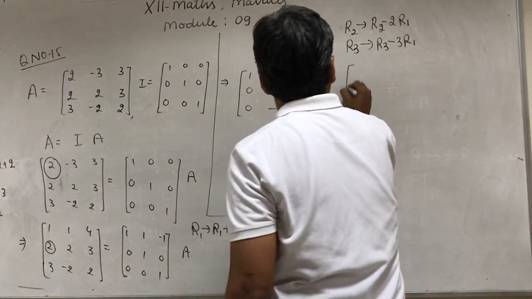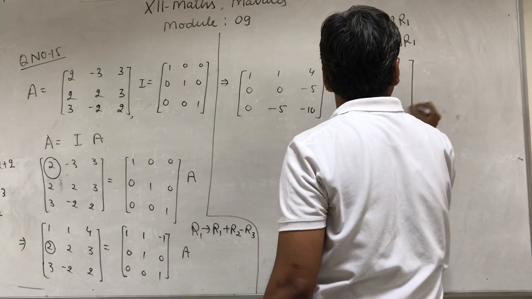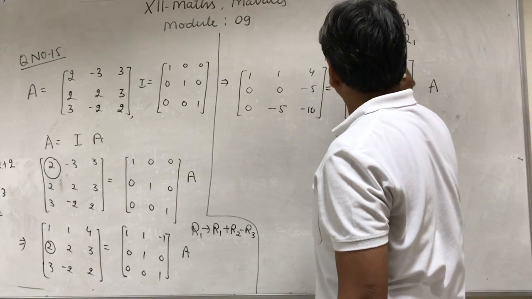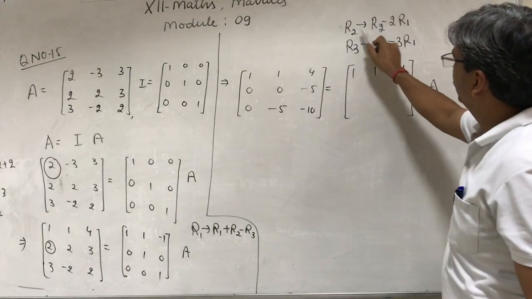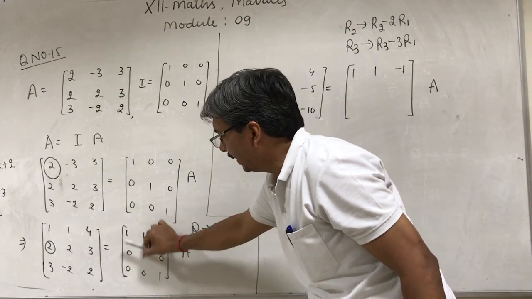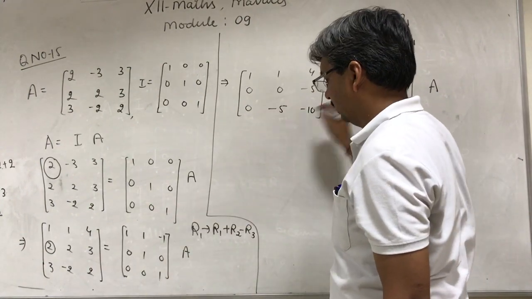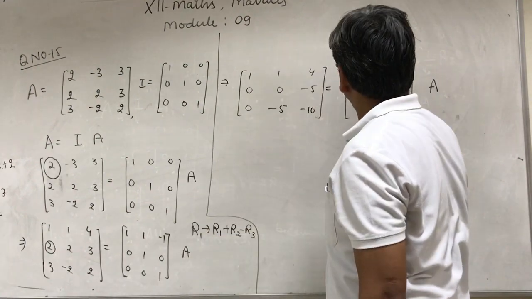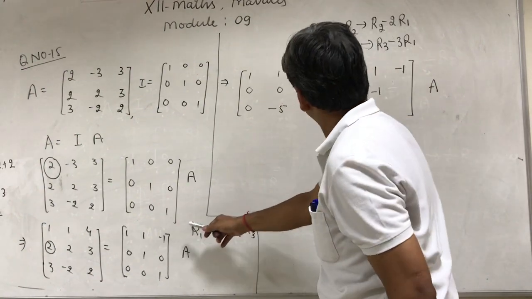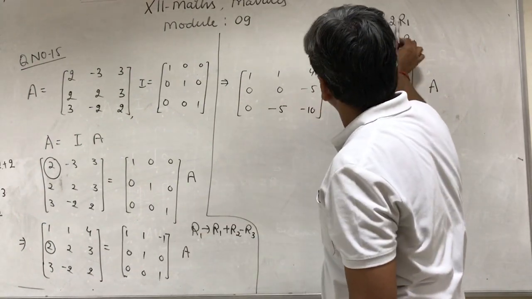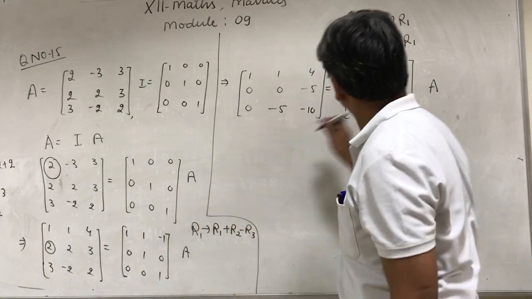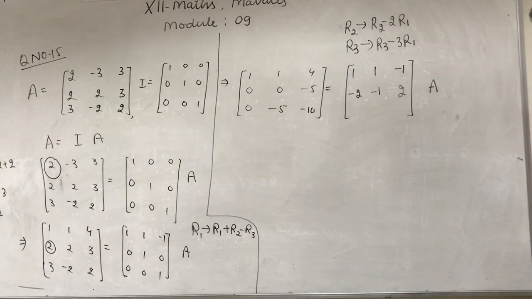And in this side also, R1 as it is 1, 1, minus 1. R2 change to R2 minus 2R1. 0 minus 2, minus 2. 1 minus 2, minus 1. 0 plus 1, no sorry, R2 minus 2R1. 1 minus 2, minus 1 and 0 plus 2, 2.